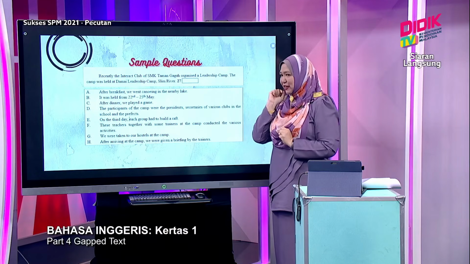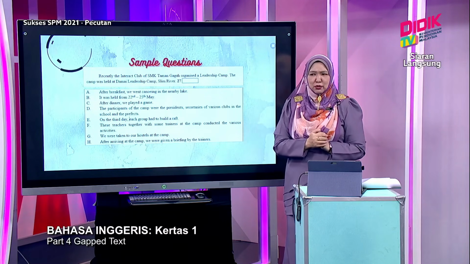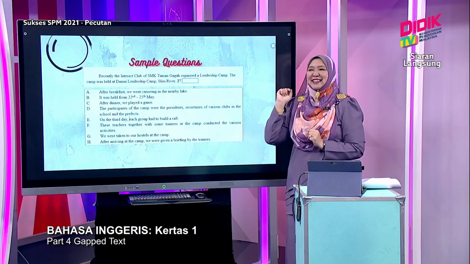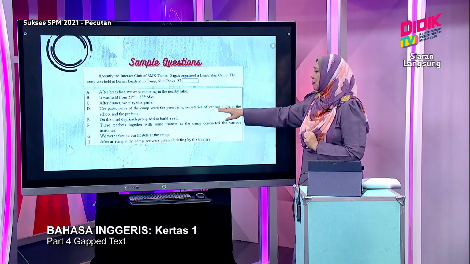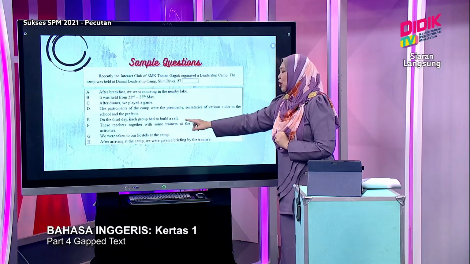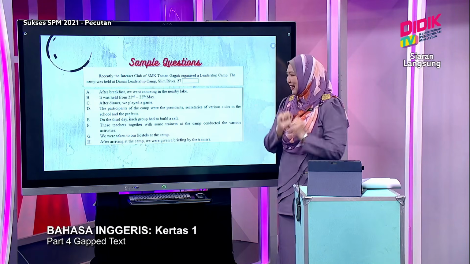"After dinner, we played a game." Dinner is out of context. Very good, Sean. "The participants of the camp were the presidents, secretaries of various clubs in the schools and the prefects." Participants, not yet. We are talking about the place, right? "On the third day," suddenly on the third day, out of context.